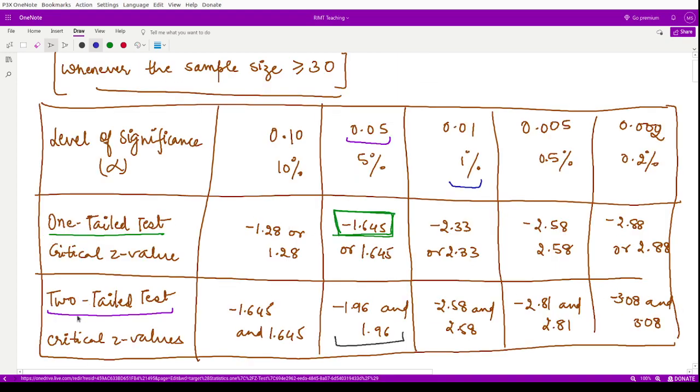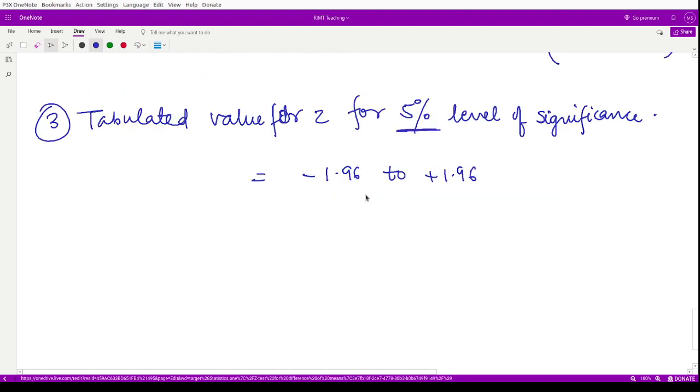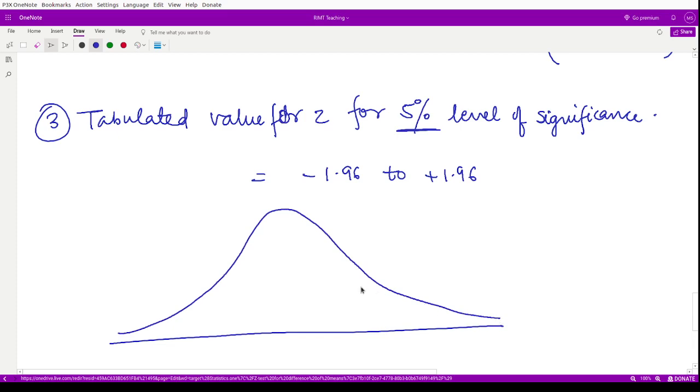So the value for a two-tailed test for 5% level of significance is minus 1.96 to 1.96. Therefore, our tabulated value is this one. For this, we can draw the critical region. So here say this is minus 1.96 and here it is plus 1.96. So this is your critical region on both the sides, because this is a two-tailed test.